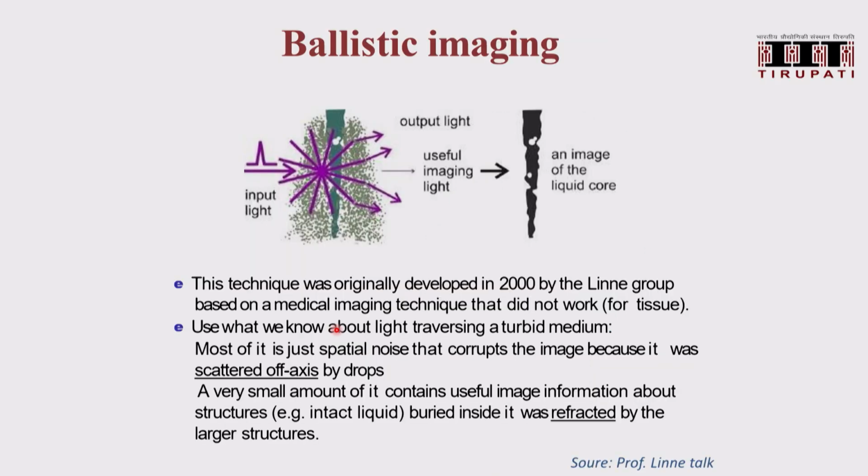There are other, even more advanced methods, as I was telling. Here they measure based on the path or travel time of the light. This is called ballistic imaging. You impinge a light on the spray, and in principle you can get a lot of information.